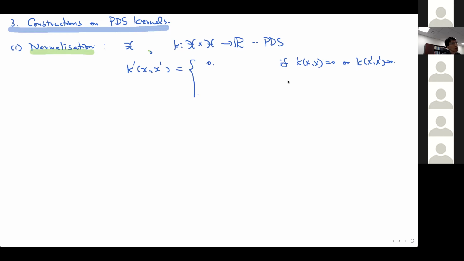Otherwise, which means that K of x, x is not 0 and K of x prime, x prime is also not equal to 0, in that case we normalize K by dividing it by the square root of K of x, x times K of x prime, x prime. Okay. This is called normalization.